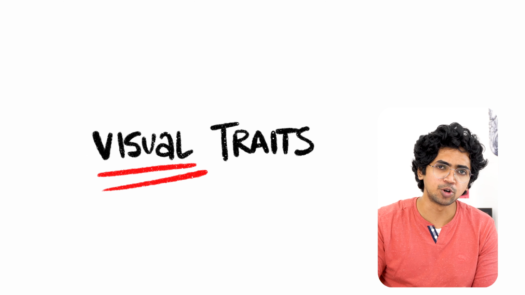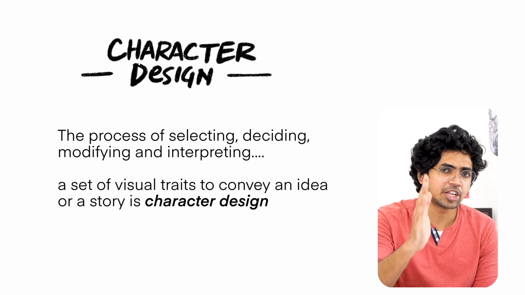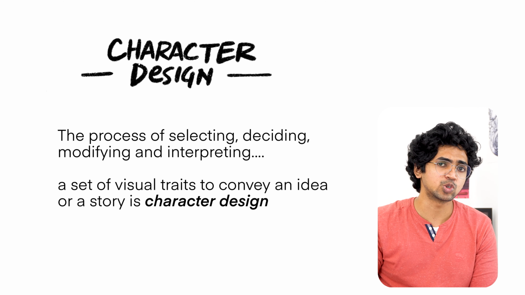That is what I think when I'm looking at this, right? These are visual traits that are put together through your decisions. This is what character design is, and you need to keep this in mind throughout the entirety of the next 2 chapters. To give you another example, right?